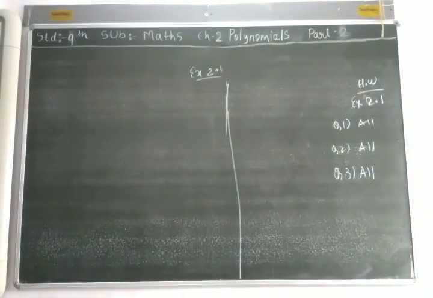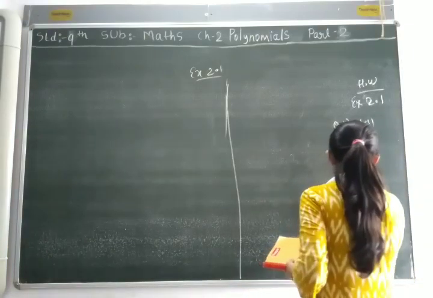Question number 4 says, write the degree of each of the following polynomials. See, question number 4 is also easy.